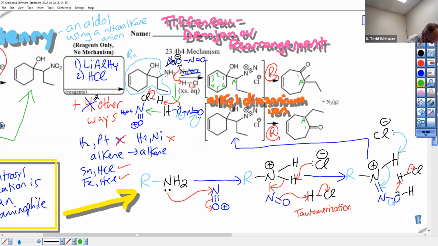So 1A is a bond that exists already, so that's not a new bond. 1 is bonded to 2 here, bonded to 3, 4, 5, 6. And 1 is bonded to 6 here. 6, 5, 4, 3, and 2 is bonded to A. 2 bonded to A is a new bond, and 6 bonded to A is a new bond in the first one.